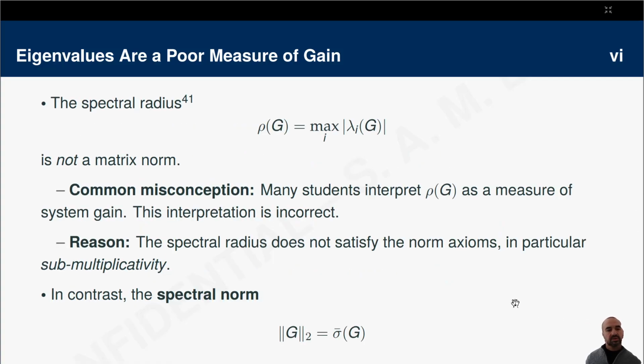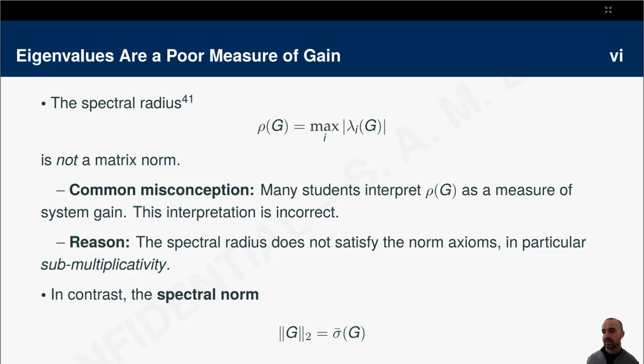The spectral radius is another definition. The spectral radius of G is equal to the max of |lambda i| of G. It is not a matrix norm, but rather a separate definition. And commonly, you might think of rho G as a measure of system gain.